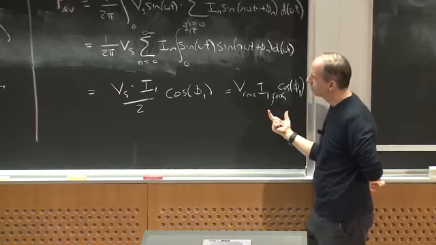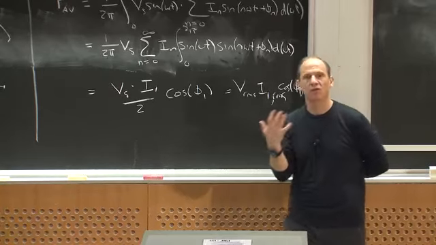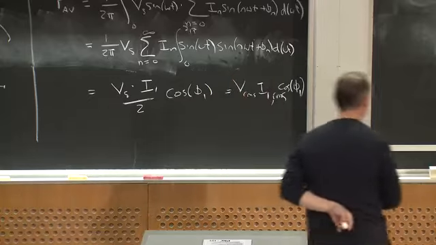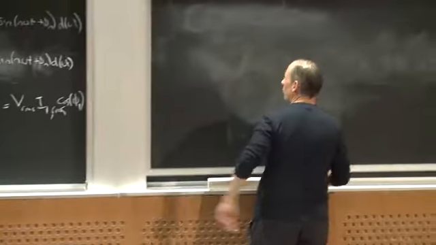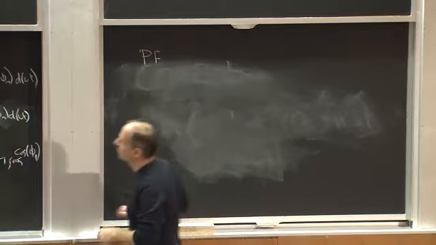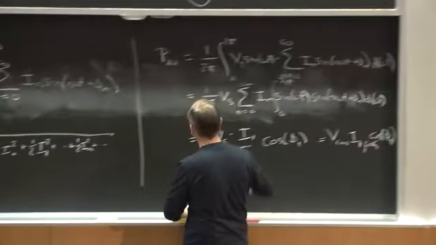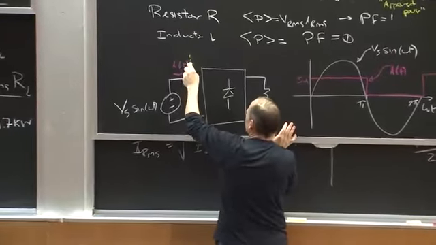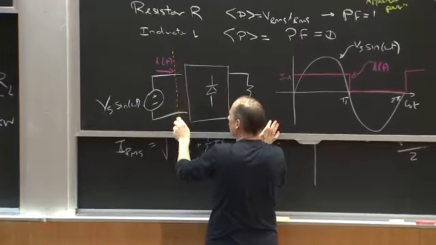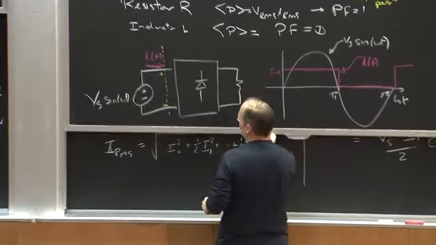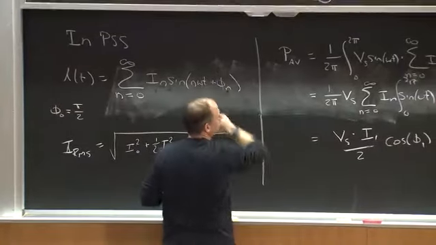Okay? So what does this say about power factor? All right? Well, I can write this average power, so now that I can write it, I can say, what is the power factor? And when I'm saying, what is the power factor in this particular example, I'm saying, what's the power factor at this port right here, at the rectifier input port? Because I have this current and Vs sine omega t here. Okay?